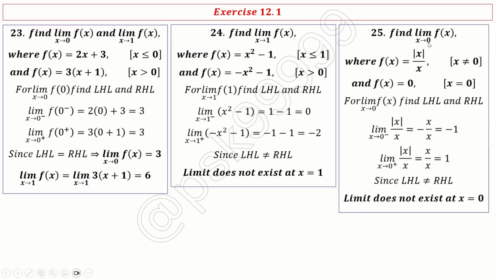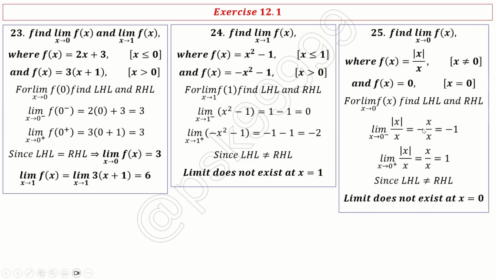Other one. Find limit x tends to 0 of f of x, where f of x is absolute x by x, where x is not equal to 0, and f of x equal to 0 if x equal to 0. So let's find out. For LHL, limit x tends to 0 minus of absolute x by x, because it is not equal to 0, I have to take this value only, which is minus x by x, because x is negative.